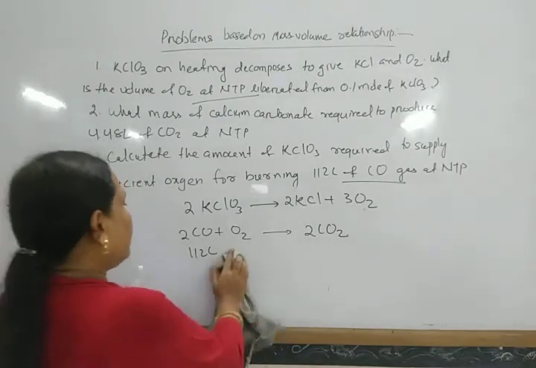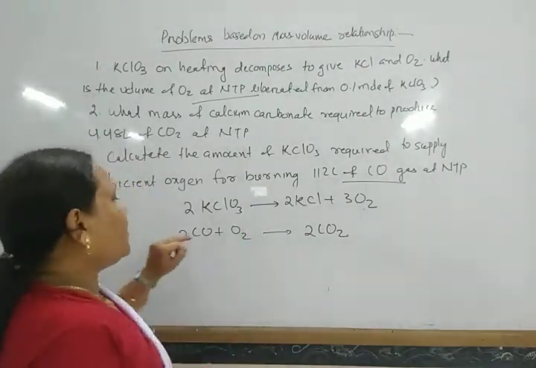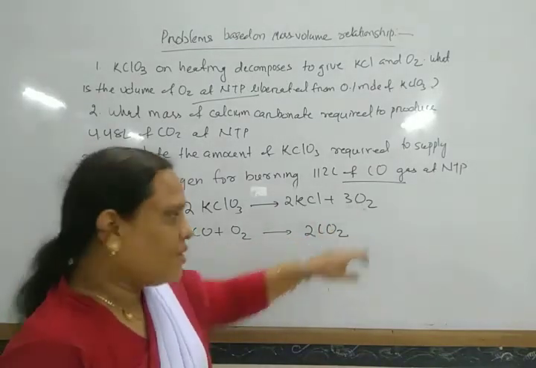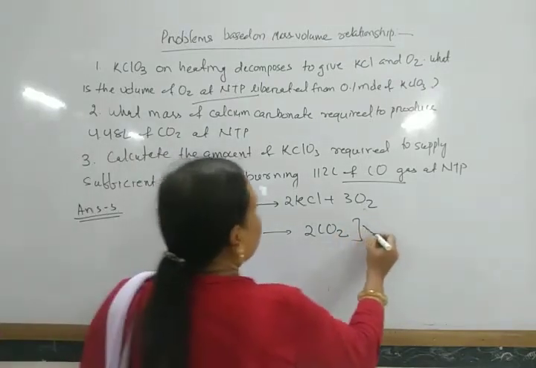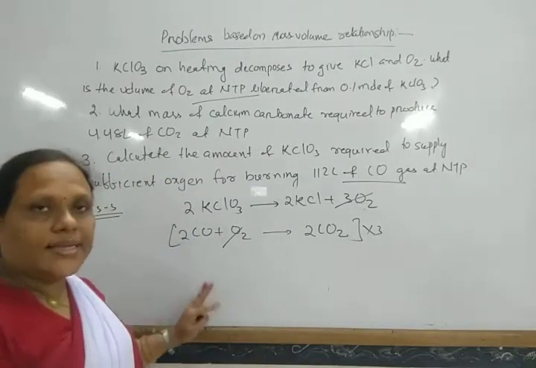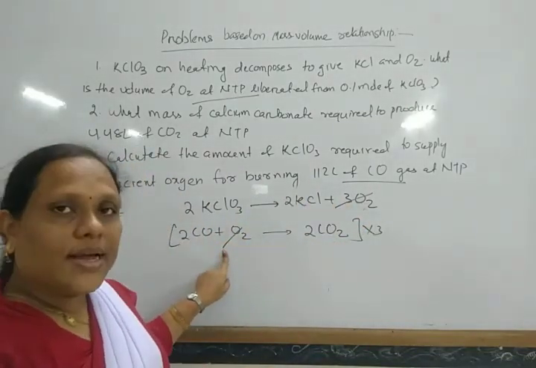So first, potassium chlorate gives 2 KCl plus 3 O2, and 2 CO plus O2 gives 2 CO2. As there are 3 oxygen, multiply this equation by 3 so that the oxygen produced here is utilized here.